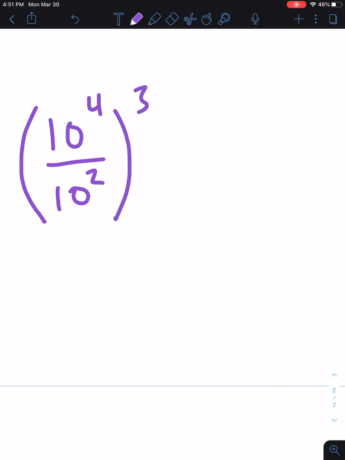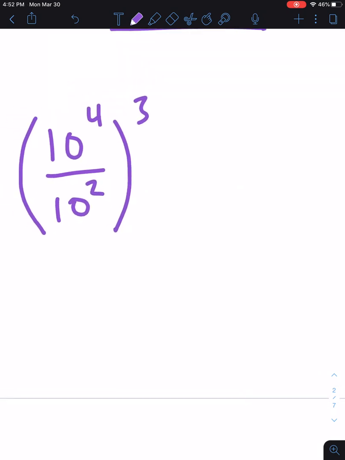But before we go ahead and solve this, let's say we've got 10 to the 4th power divided by 10 to the 2nd power, all to the 3rd power. We're going to solve this in a very similar way. We use our quotient rule first because we've got a division bar, so we'll just do 4 minus 2. That's going to get us 10 squared.